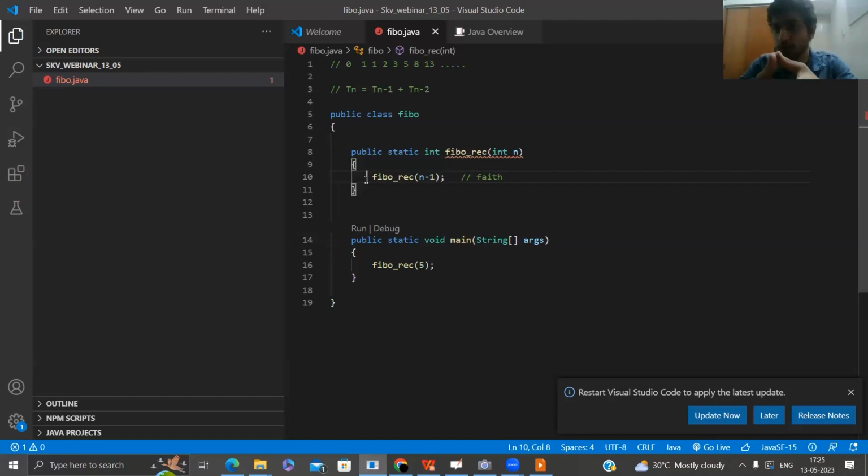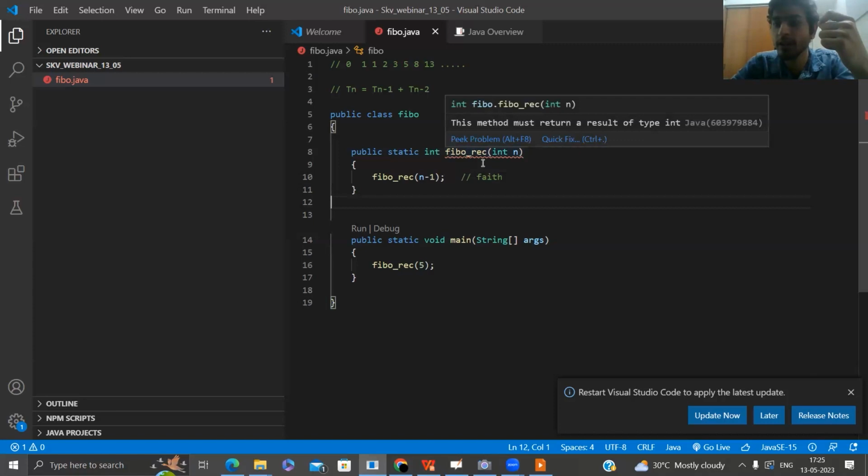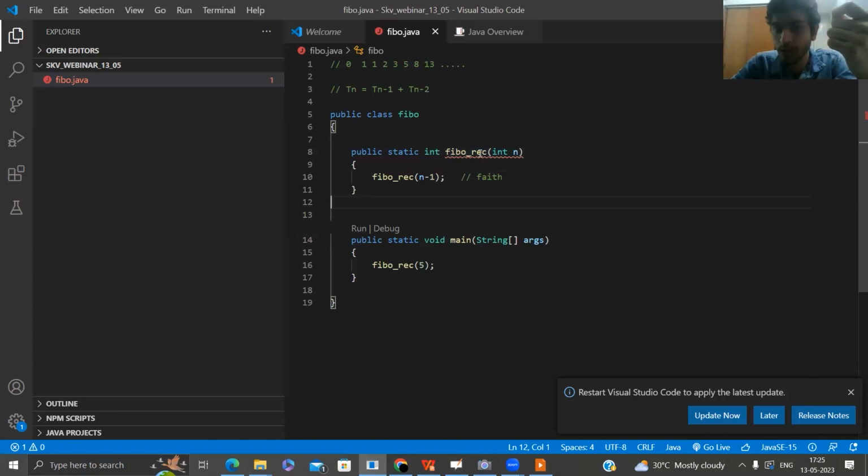A lot of times, just a little backdrop to the problem, what we do is try to solve the problem by keeping faith on recursion, right? We first generate our assumption. We first generate our faith from this function, that this method knows how to return the nth Fibonacci number.